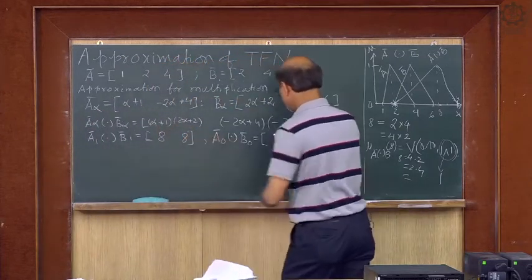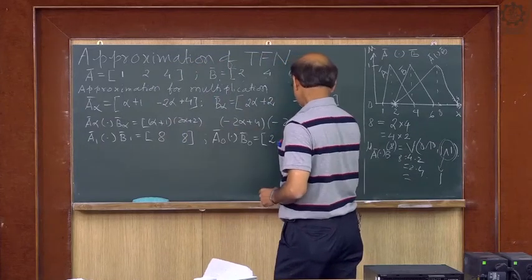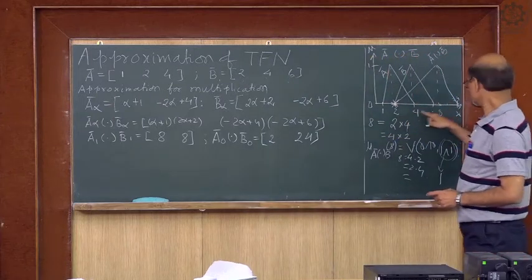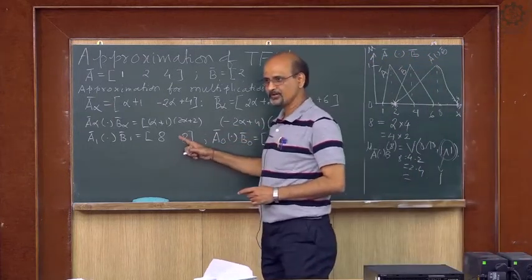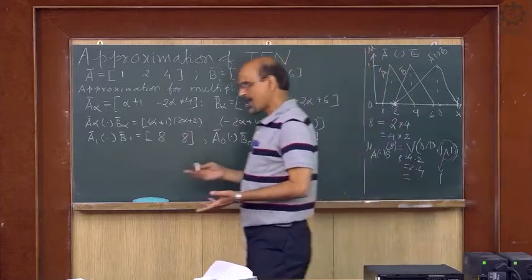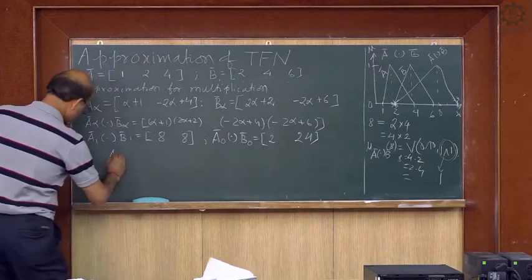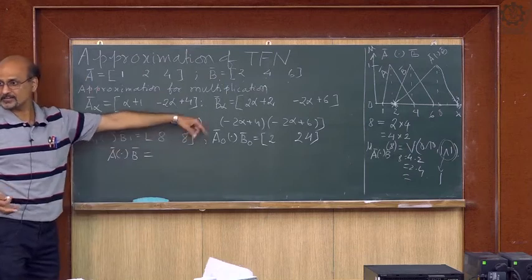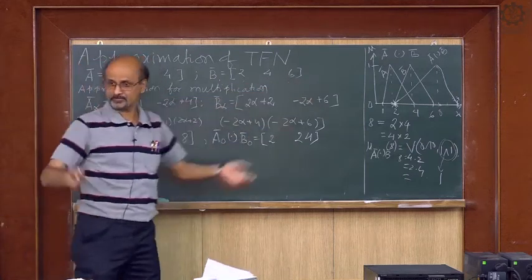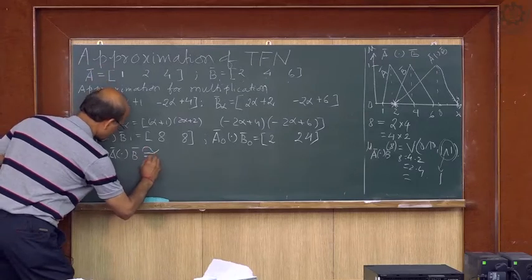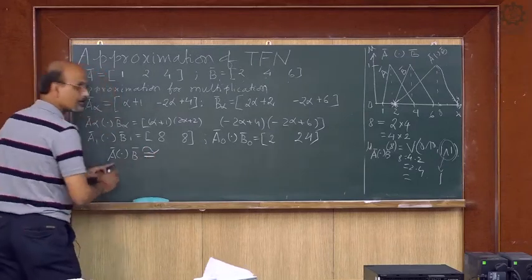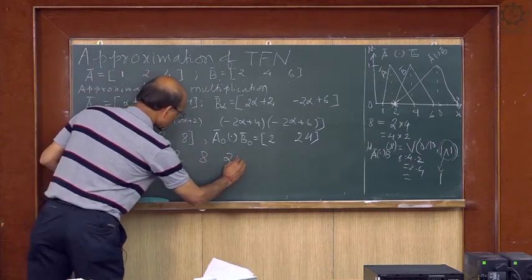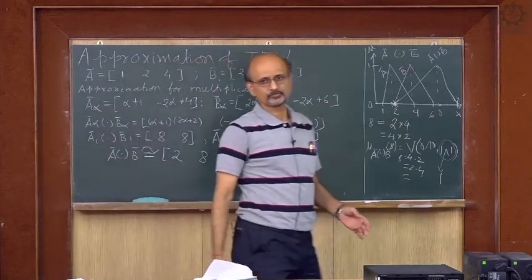If I put 0 here, so you will get 2 and 24, 8. Okay? So I have then approximated, I cannot write equal to, because there are many things that we are not considering, because actually you will get membership using membership. So I have this approximated A bar into B bar as 2, 8, 24. Fine?